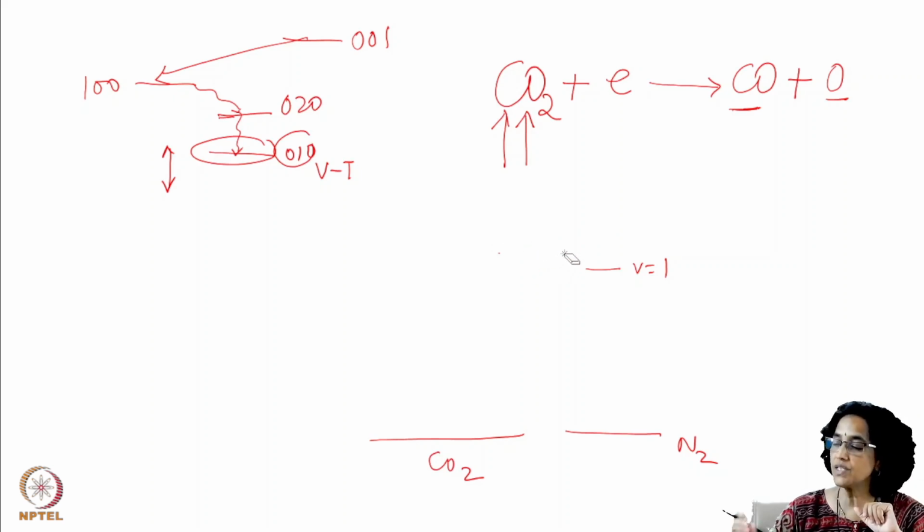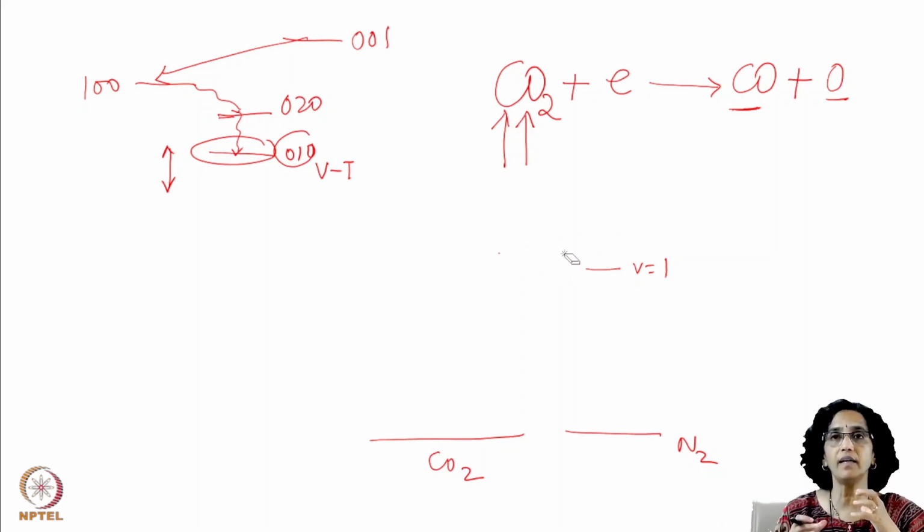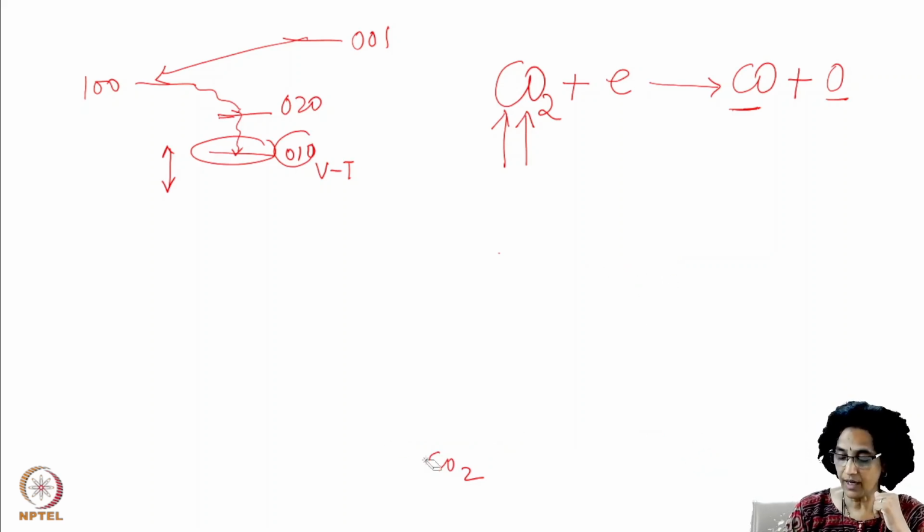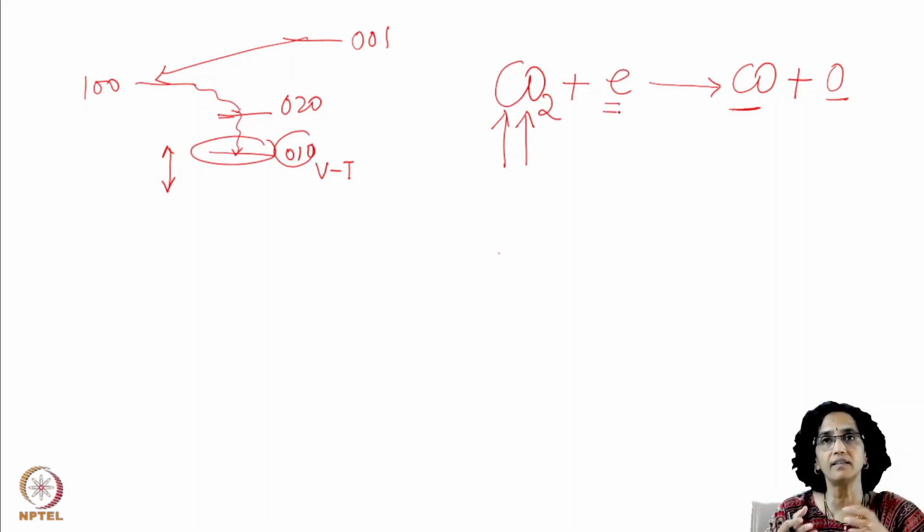And oxygen, we know, has a high electron attachment capacity. That means oxygen can easily form negative ion, and therefore it takes away the electrons which are created in the discharge.